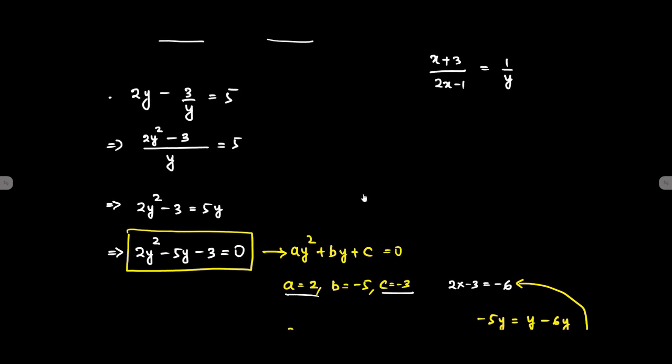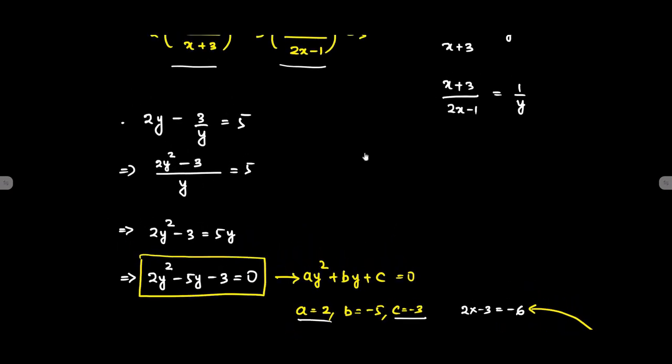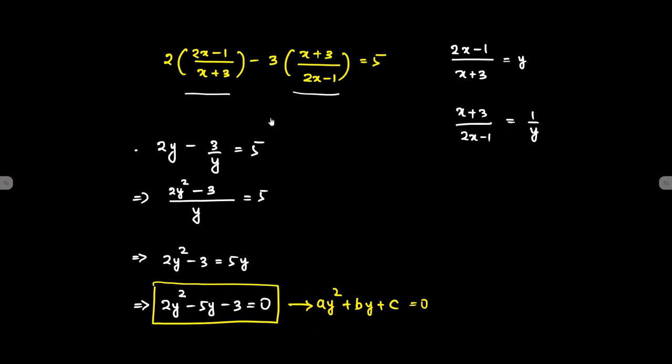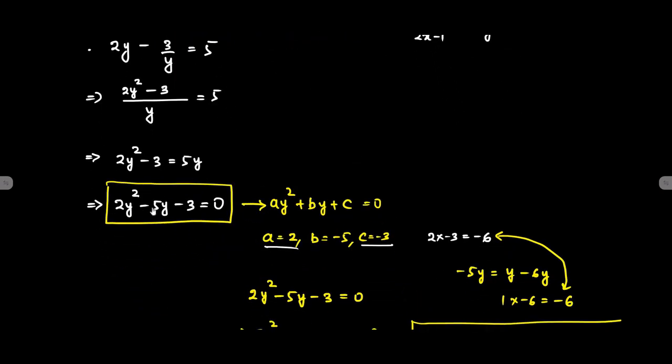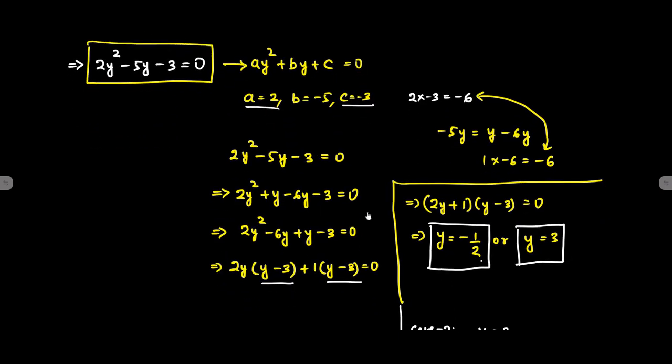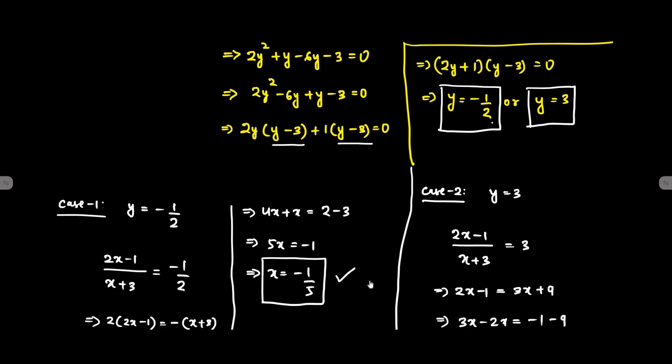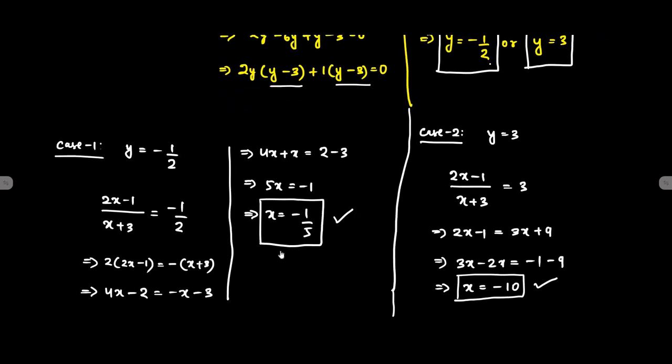If we would have gone for the normal process of taking the LCM and then addition, subtraction, cross multiplication, cancellation, it would have taken a lot of time, so we went for this. We got the quadratic equation in terms of y, the substituted variable. From there we determined two values of y. Then for those two values of y we went with the original substitution to get the value of x. So we got the two values of x, minus 1 by 5 or minus 10.